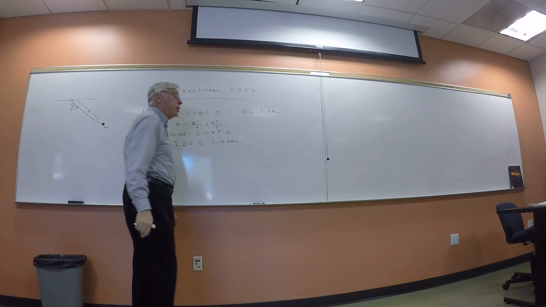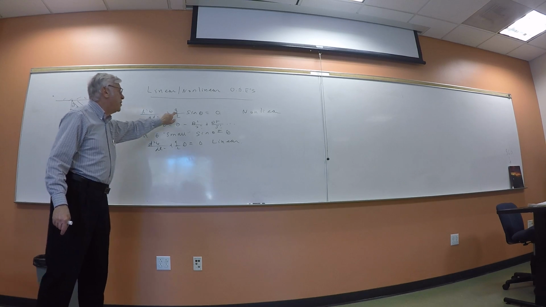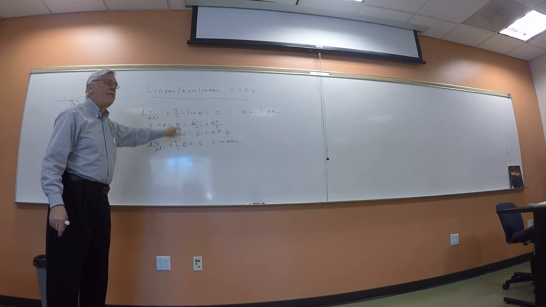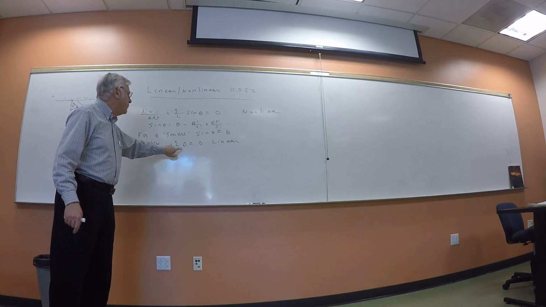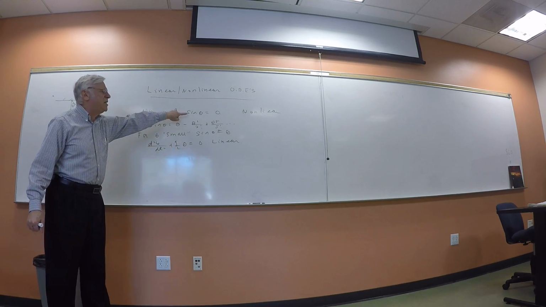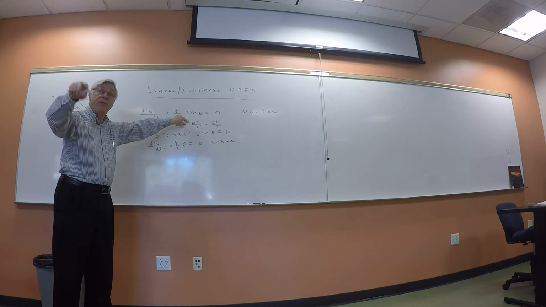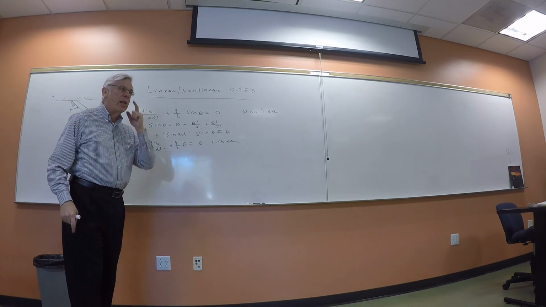Now, these are not the same. They're obviously quite different. This is the exact equation, which comes out to be nonlinear. And for theta small, we basically replace sine theta by theta, and therefore the governing equation becomes linear. Why is it linear? Because here you get sine theta, which is a nonlinear function of theta. Here you just have theta, which is a straight line.